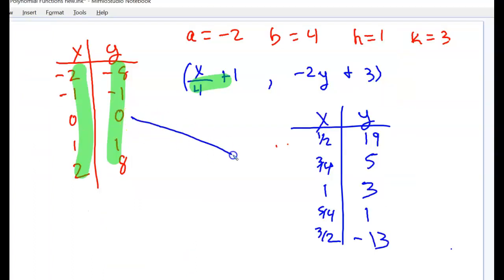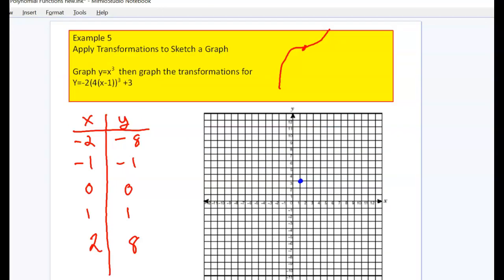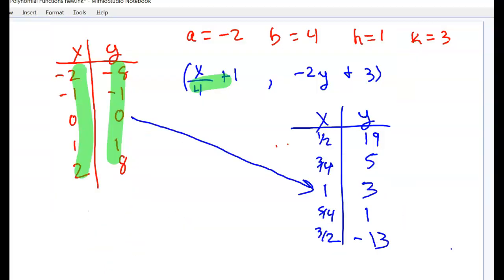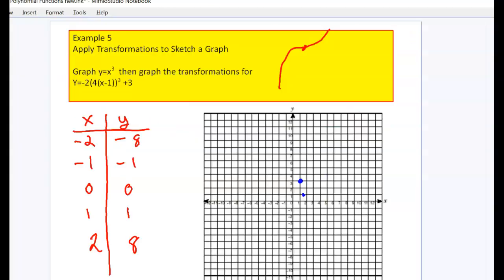Because it corresponds to the point 0, 0, which is the bump and squiggle point for the original graph. 5/4 and 1 is 1 1/4, and 1 is right about there. The next point is 3.5 and negative 13, which is going to be way down here at the bottom.